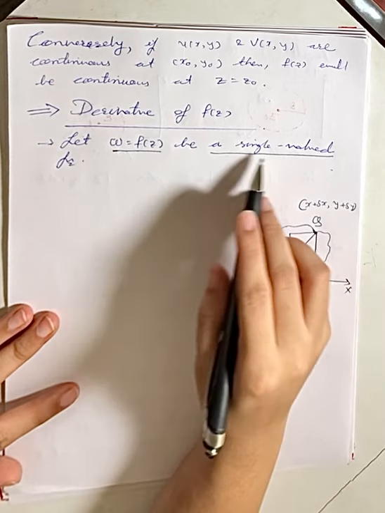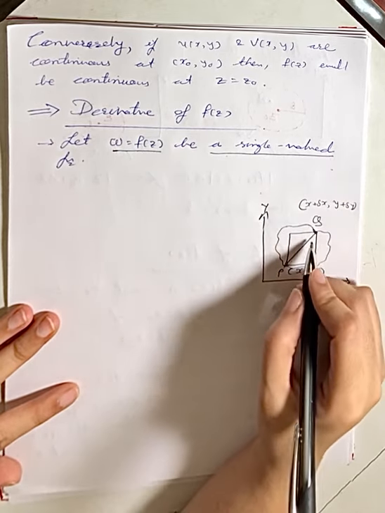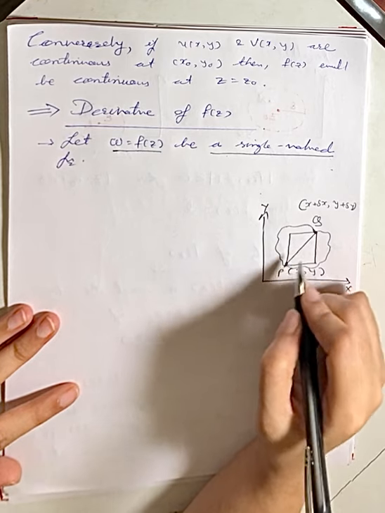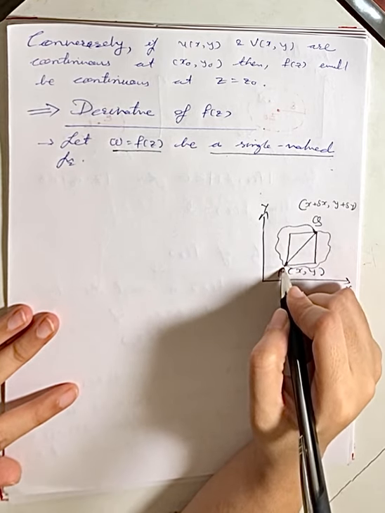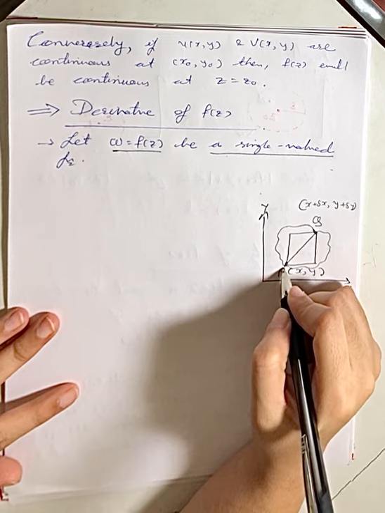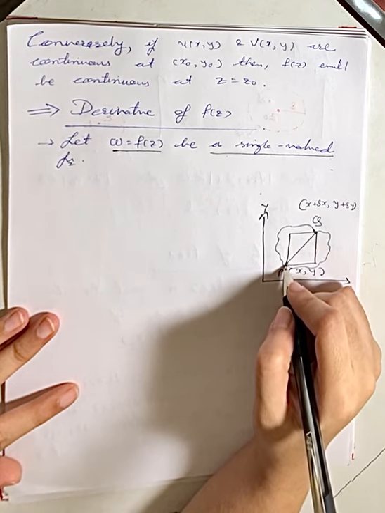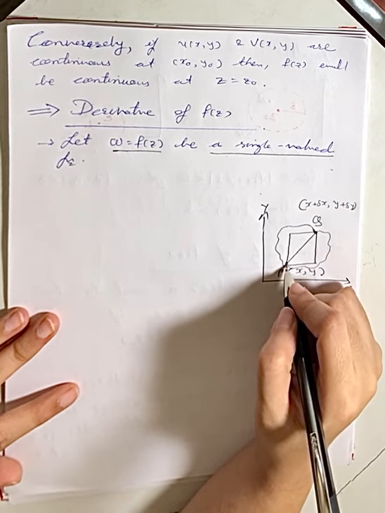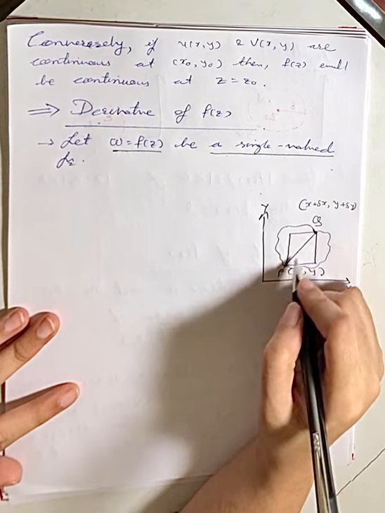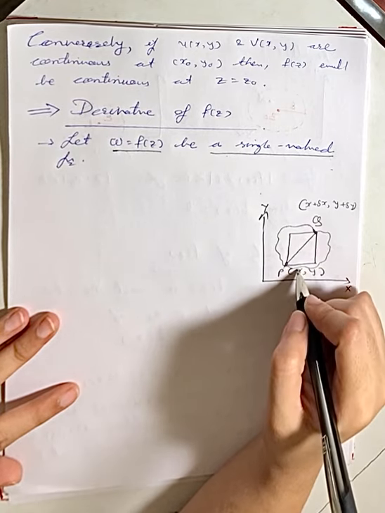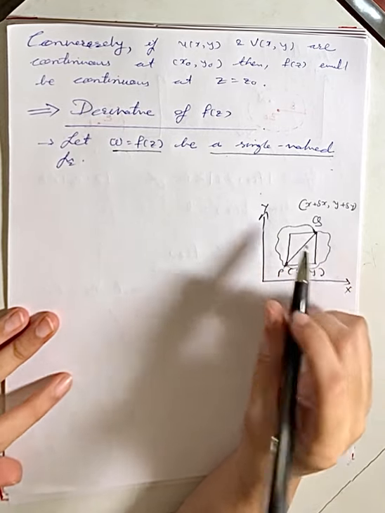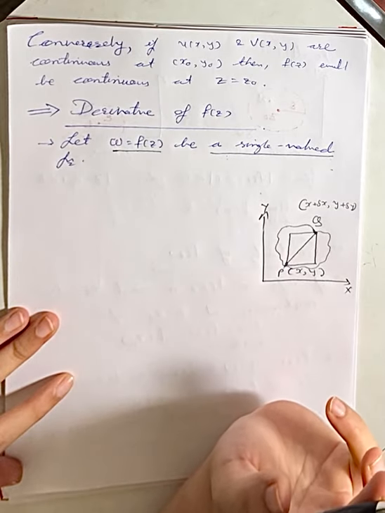So single valued function means that it doesn't matter what path you take, if the starting and the ending points are the same all the time, then you should get the same result, a single valued result. So it is path independent. This is what we call a single valued function.